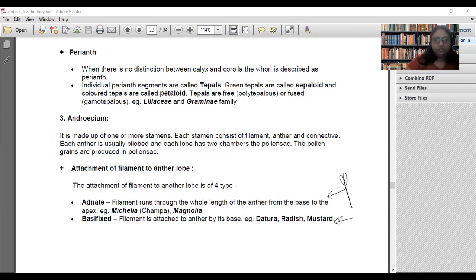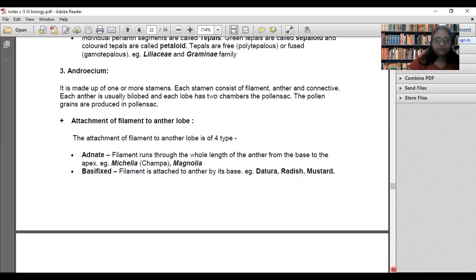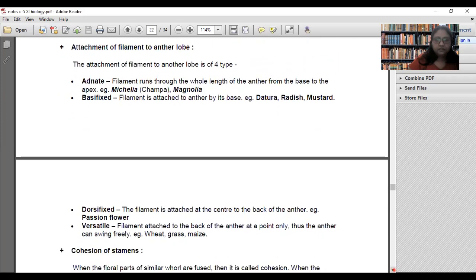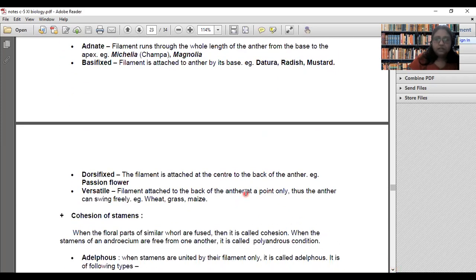I draw the basifixed. It is like this. That means at the ventral part of the anther you have the filament, and there is another thing called dorsifixed. Here it is attached to the center.